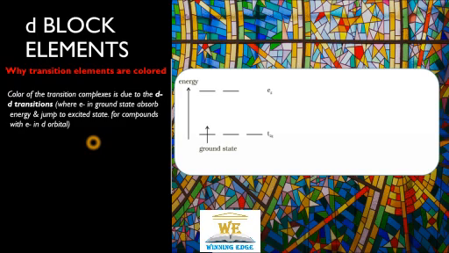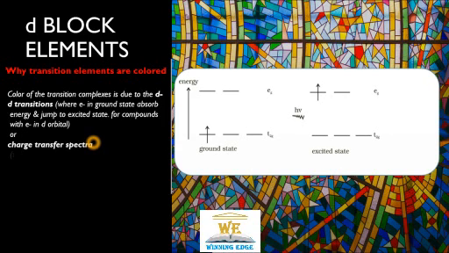These are t2g orbitals in the ground state. This electron, on absorbing energy, goes to the higher energy state. A particular portion of the visible light is absorbed, but the rest of the spectrum is transmitted.